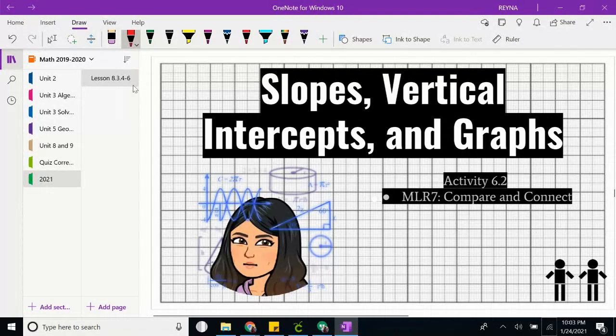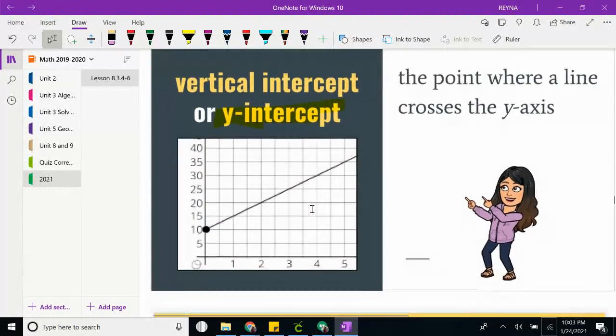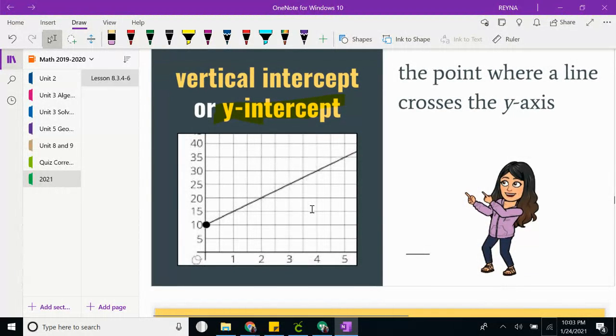Okay, so let's talk about slopes, vertical intercepts, and graphs. What is a vertical intercept? That is a y-intercept, or that is where you cross the y. So when something intercepts, that means it crosses there, when those two things meet.